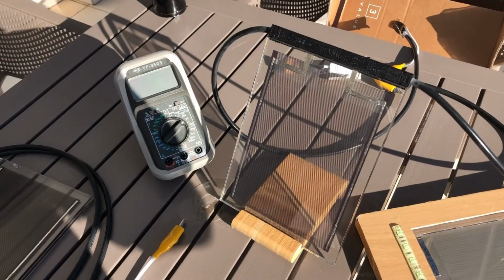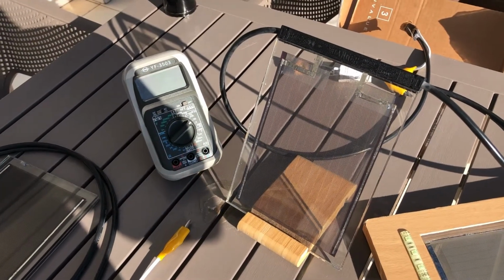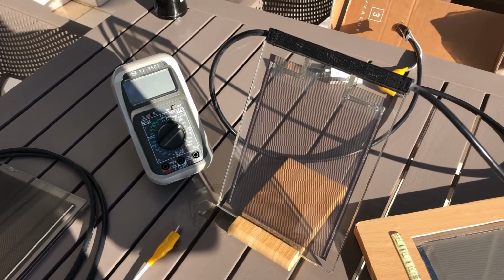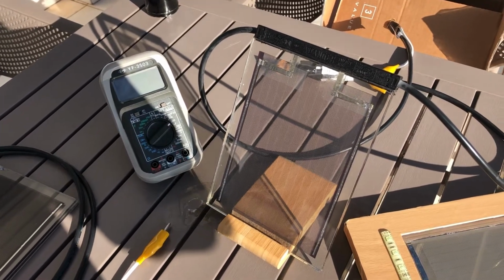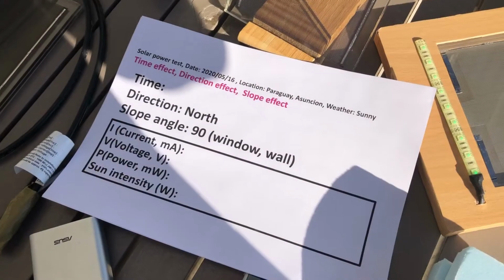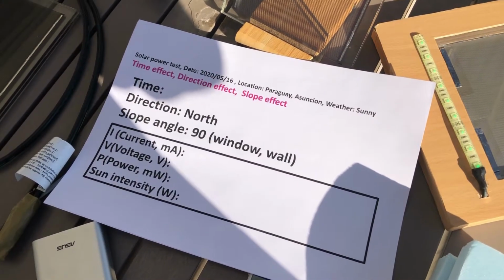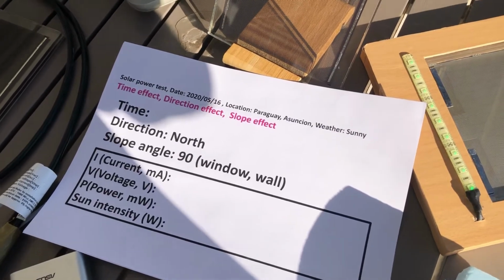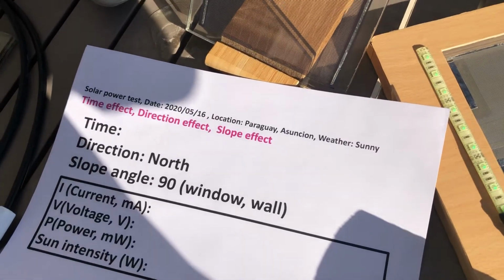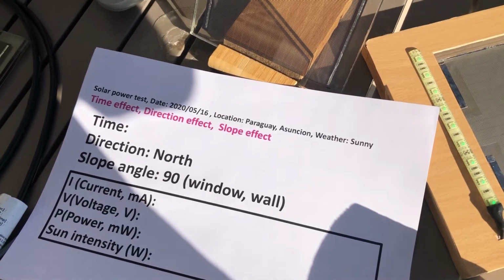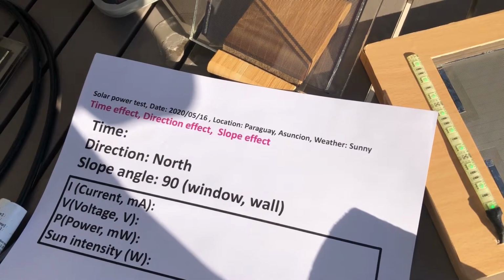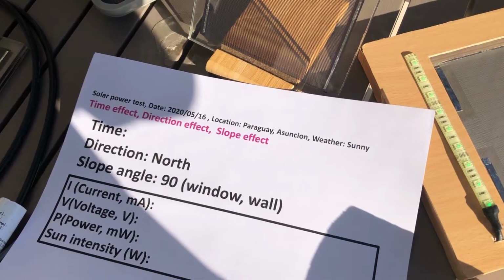Now we start to measure the solar power of my solar glass. You also need to prepare a record. For example, the record is a solar power test. Today is May 16, 2020.